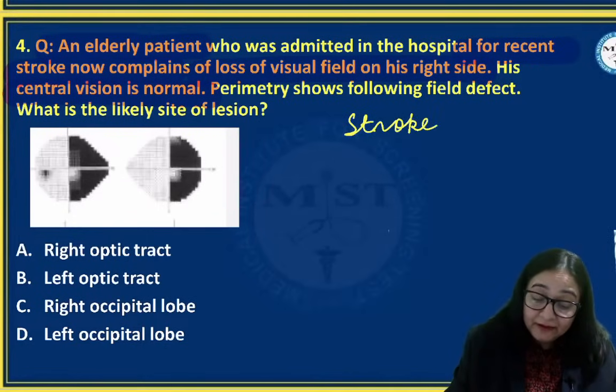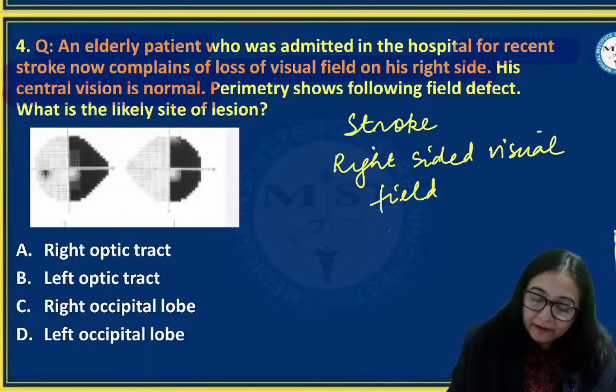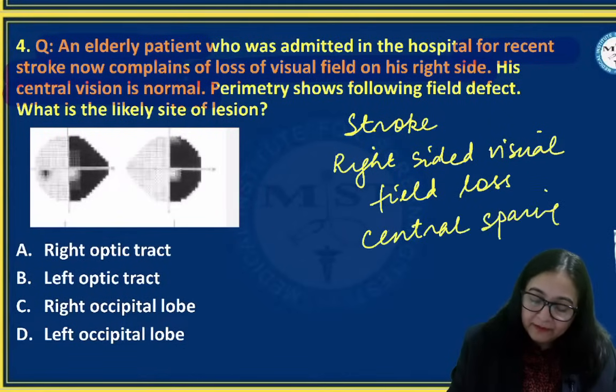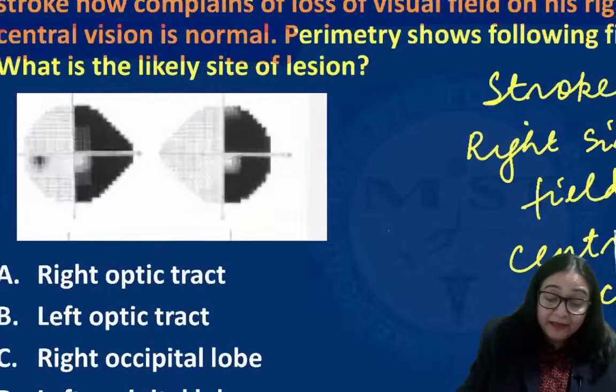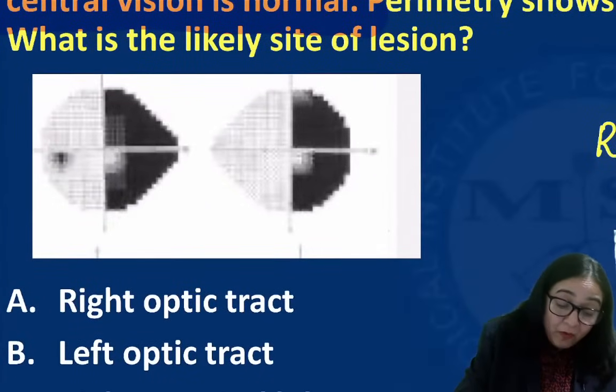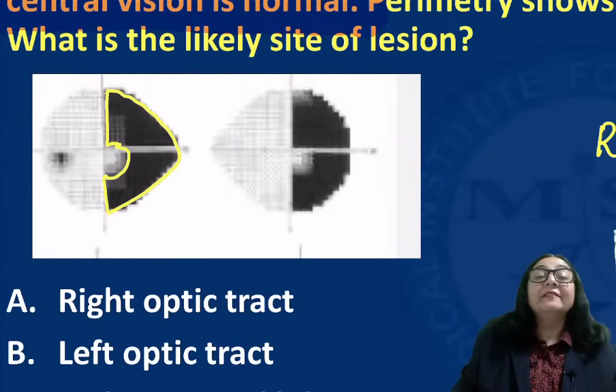There is right-sided visual field loss, not vision loss, with central sparing, or you can say macula sparing, right? And they have even shown you the defect here. Have a look at this figure here. So this part of the visual field is gone, the right half, but there is a macula sparing here.